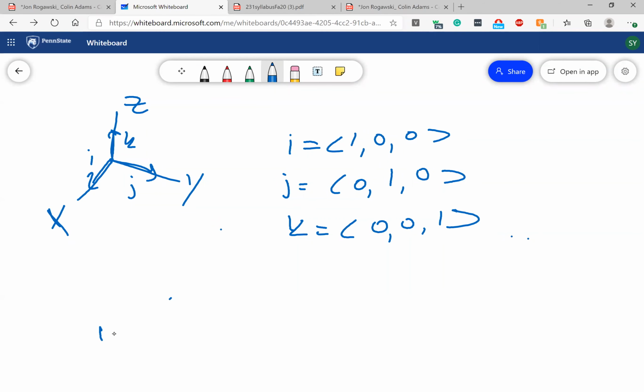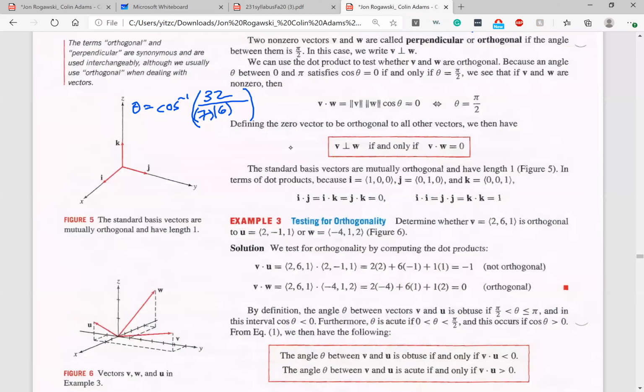So I dotted with J, for example, is going to be 1 times 0, plus 0 times 1, plus 0 times 0, so it's 0. And J dotted with K is also going to be 0 times 0 plus 1 times 0 plus 0 times 1, so it's also going to be 0. And that would be true for I dotted with K and so on. So these are orthogonal to each other.